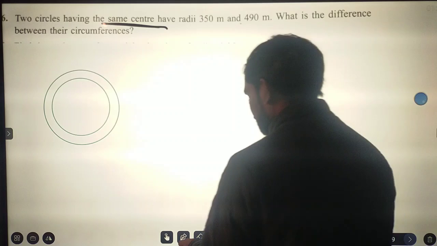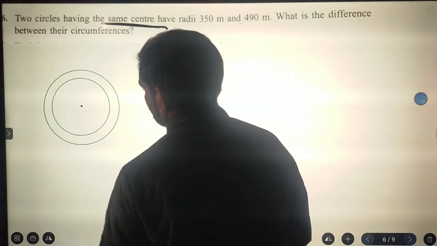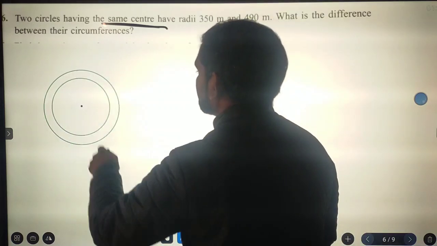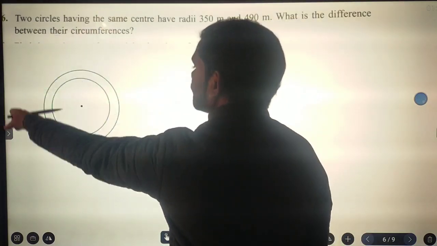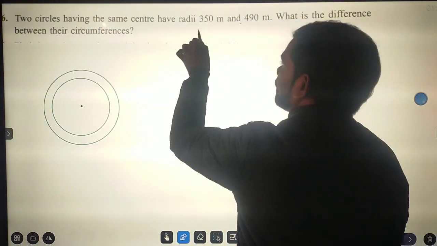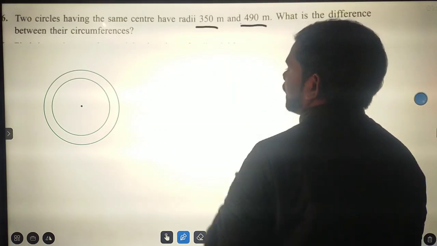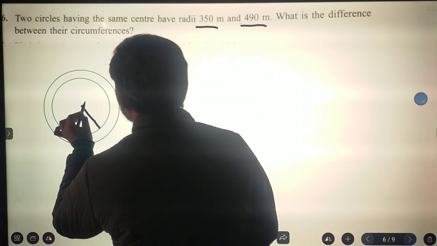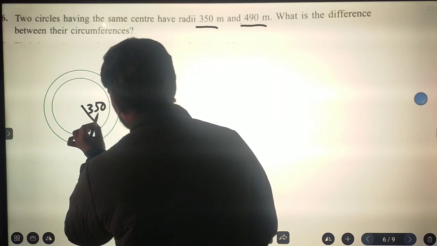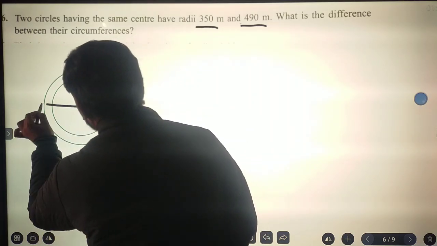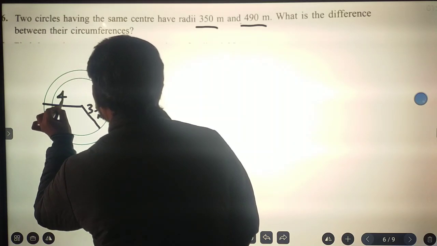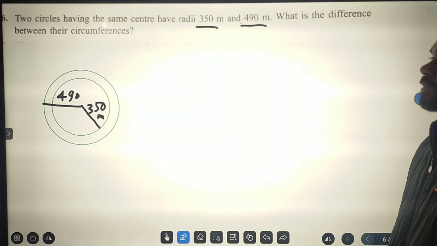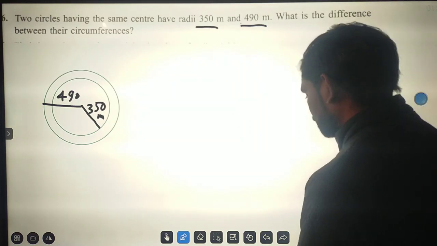This is your concentric circle, having a center like this. Here we can see that two circles have the same center, with radii 350 and 490. The inner circle has the radius 350 meter, and the outer circle has the radius 490 meter. We have to find the difference between their circumferences.